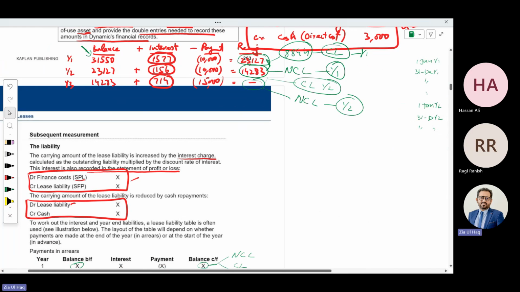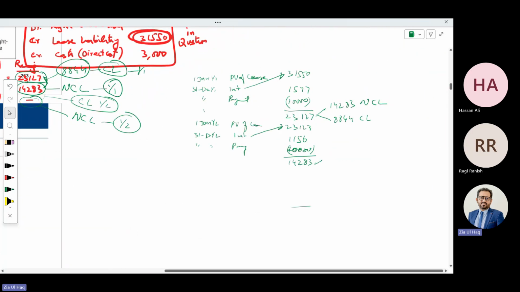Either you can make the calculation like this: balance plus interest less payments is equal to closing balance. Or you can calculate like this: PV of lease, add interest, less payment, so closing balance. Then add next interest, payments, closing balance. Can you understand this?